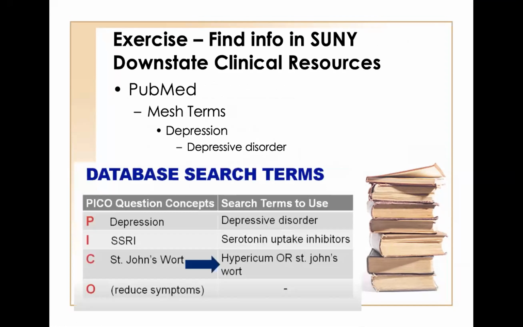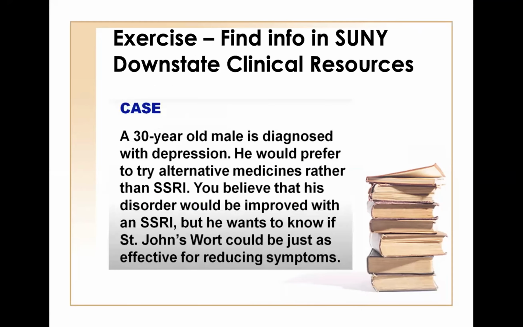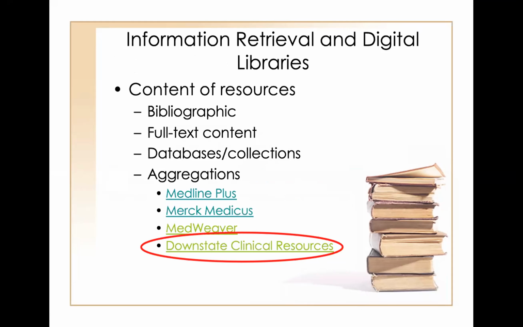And again, I just added her search terms and the progress of what she did, so you can have that as a reference too. And the Downstate library, I realized you may have access to it, but the slide lists some other libraries that you can use.